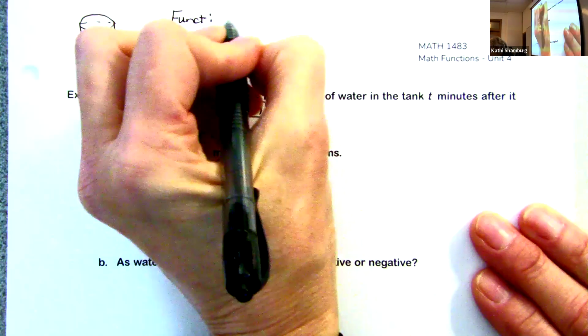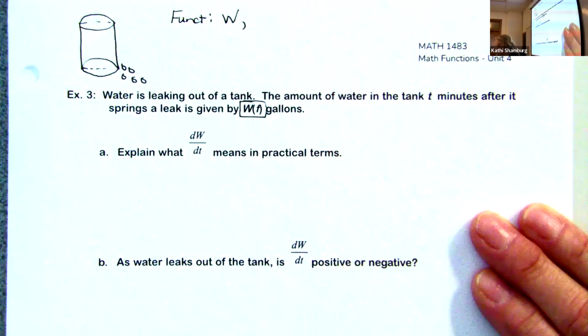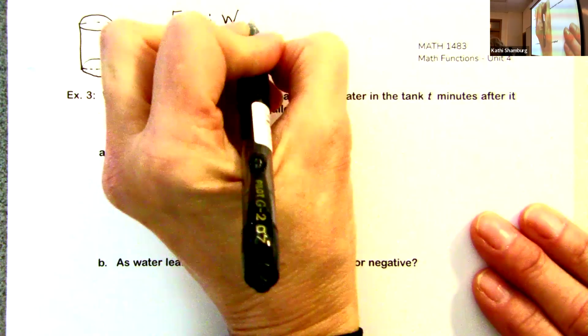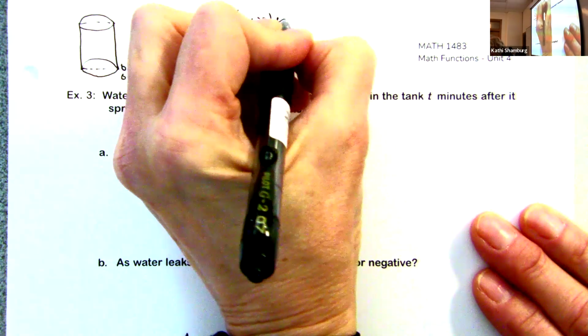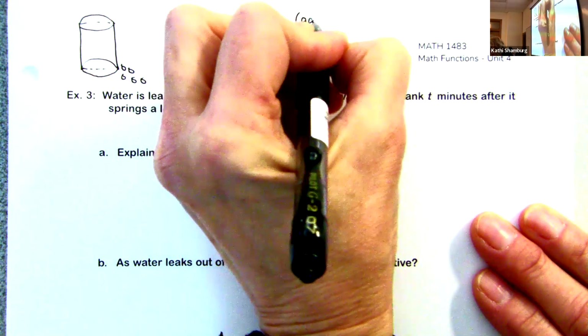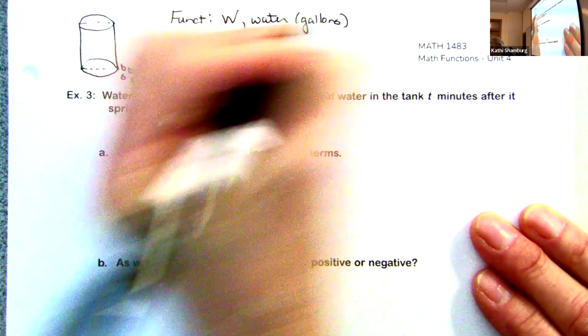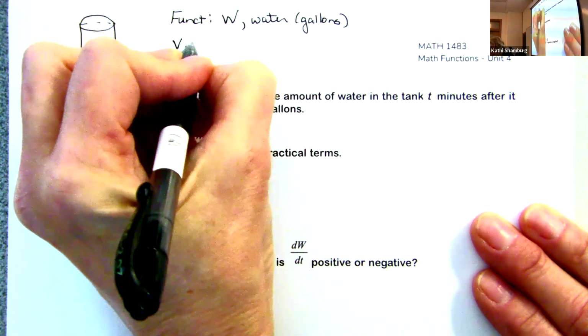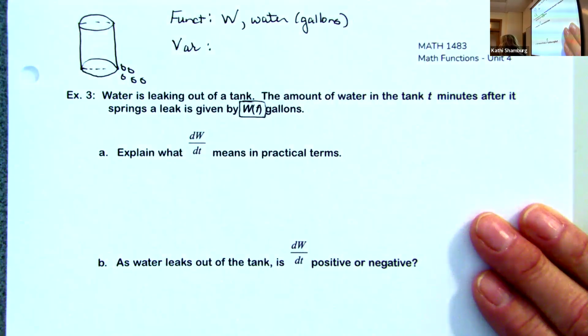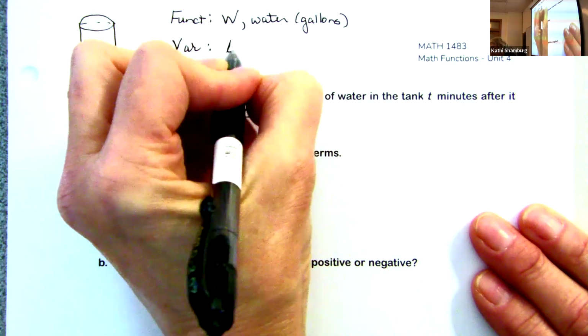W. And what does that represent? Water in gallons. So this is your water in the tank, and they told us that we're talking about gallons. All right, so what is my variable then? T, which is minutes.